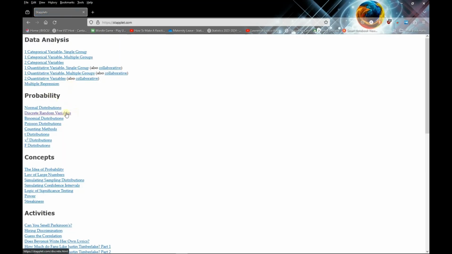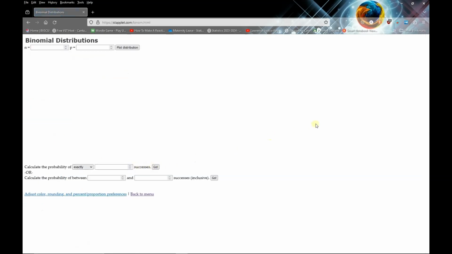We did the discrete random variables already. We will be doing normal distributions. We're looking at binomial distributions. Okay, so it opens up to this. And by the way, this would be a good thing for you to use because you can do some things here that I'm going to show you how to do on the Nspire calculator. And if you don't own one of those, this would be a good second choice.